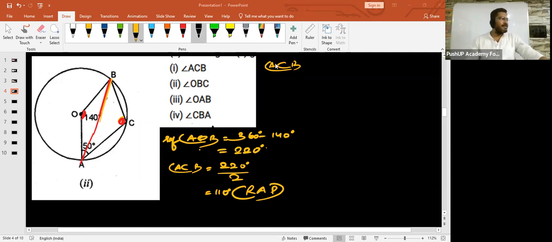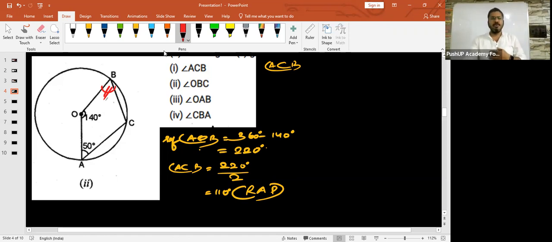That part is done. What was the next question? The next question was to find angle OBC. This is the angle OBC. Children, I very well know that ACBO is not a cyclic quadrilateral, but ACBO can be a very simple quadrilateral.